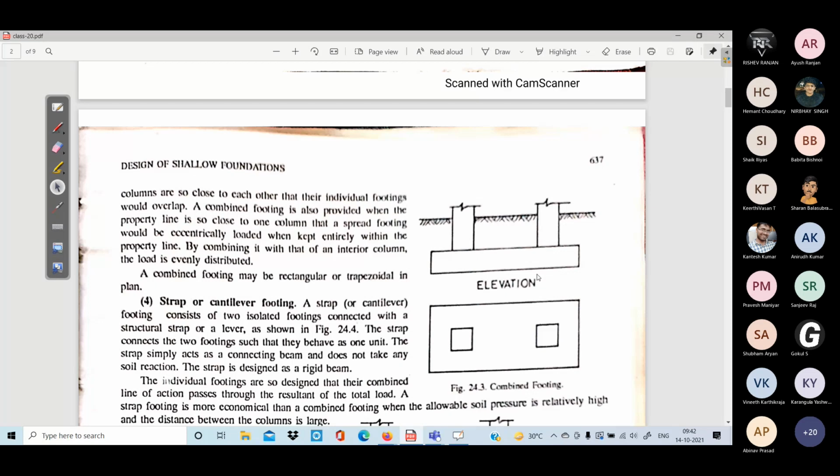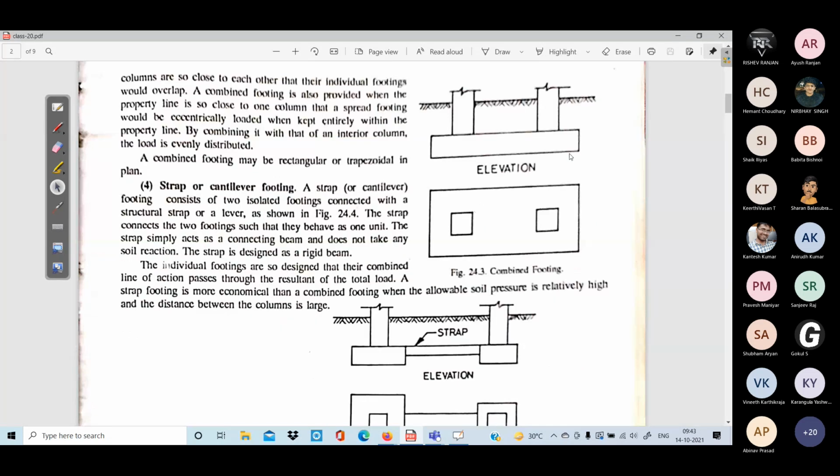That means to avoid eccentricity, if you have a problem with the property, what we generally do is combine it. Sometimes we also make it trapezoidal, maybe on this side. Again, it depends on the design, for example if the exterior column is carrying more load than the interior one.